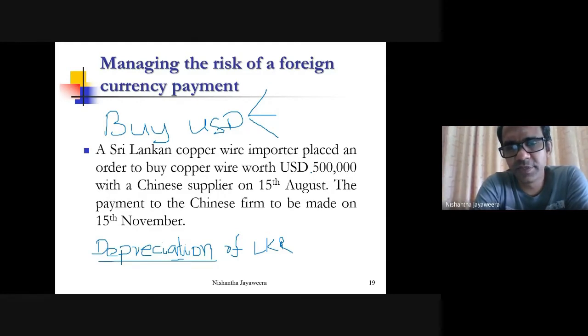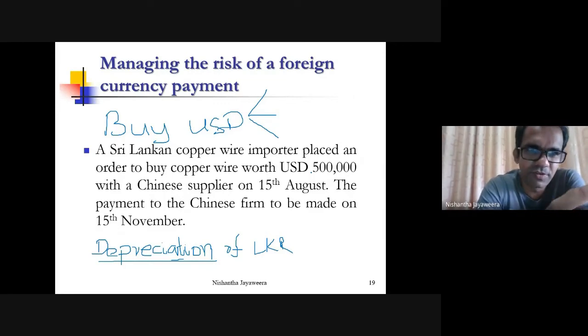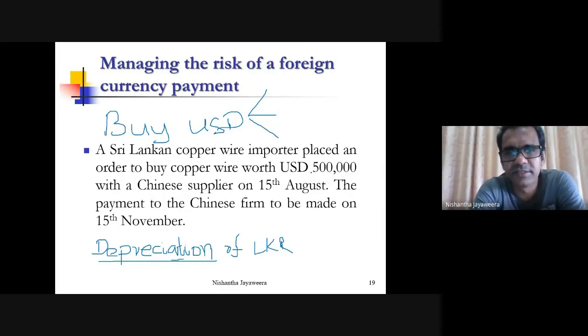So in the previous example, whenever you have a foreign currency receipt, we had three alternatives. Sell a forward, buy a put, sell a call. So now we are on the other side of the transaction.